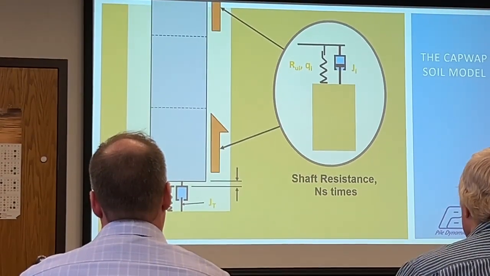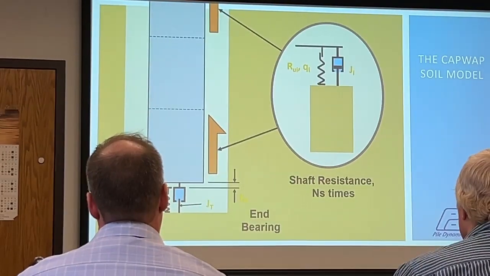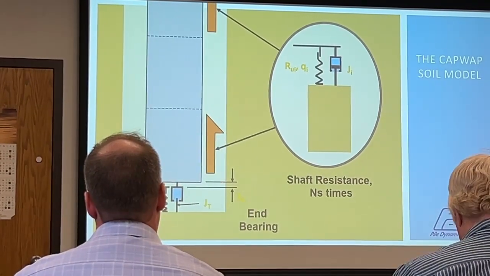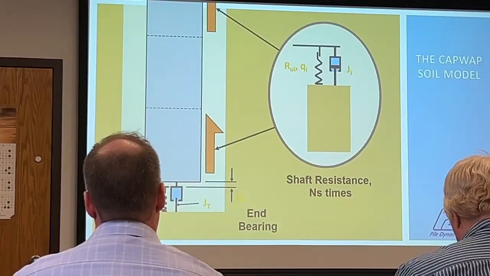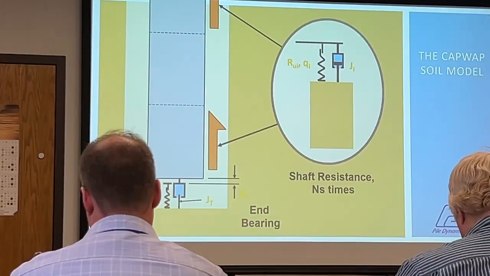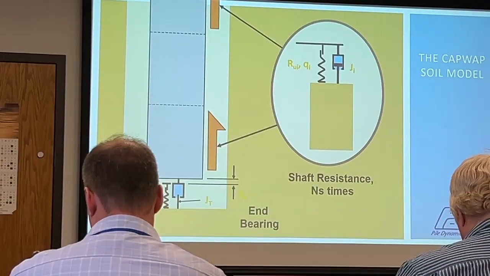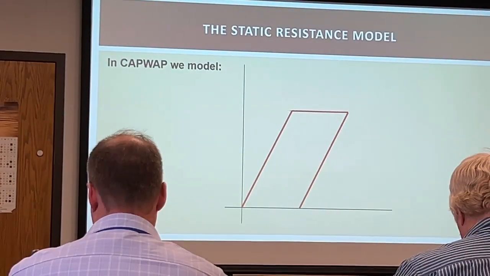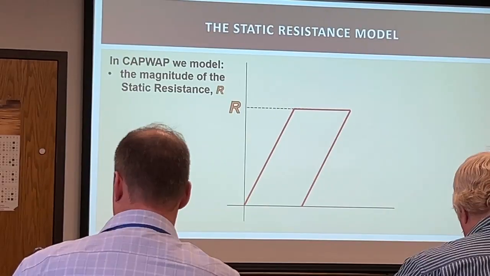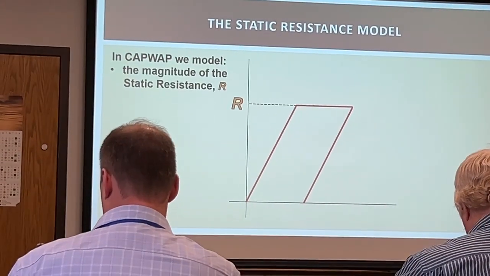We also have a spring, a dashpot, and potentially a gap, which is a zero resistance temporary free end that is happening at the bottom of the pile. So in CAPWAP, we model the magnitude of the static shaft resistance.